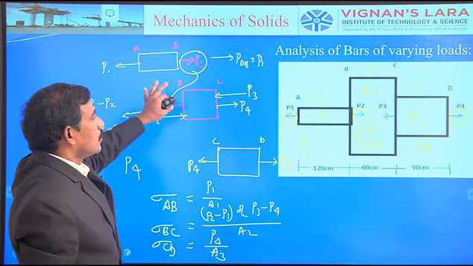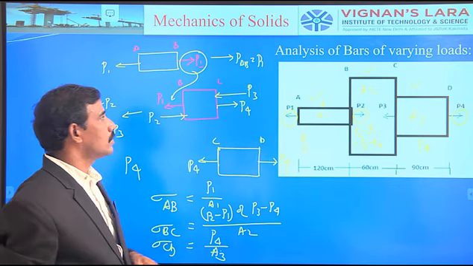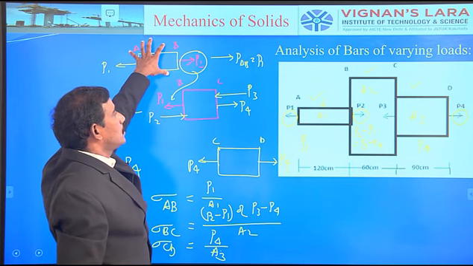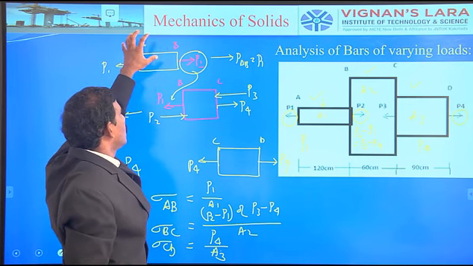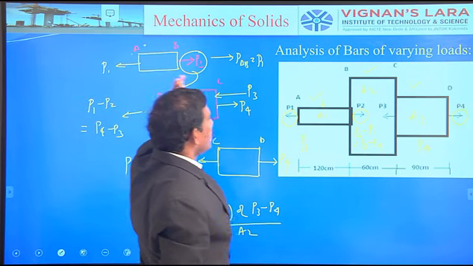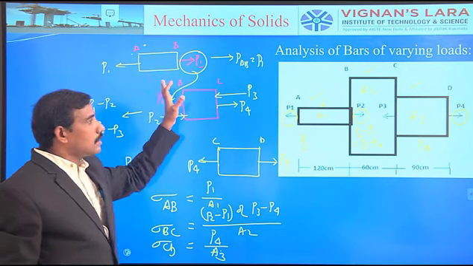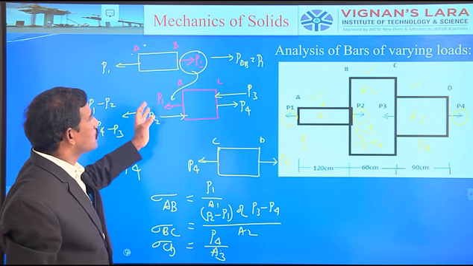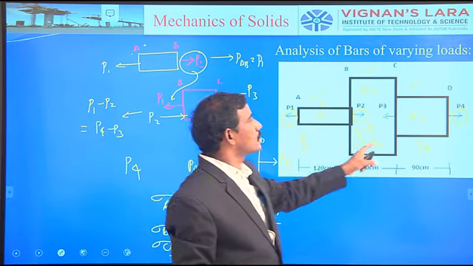So here we have to remember only one thing for solving the problem. First, better to draw the free body diagram of the extreme portions, say here portion AB as well as portion CD. Then according to that force system, you have to draw the free body diagram of the rest of the portions.